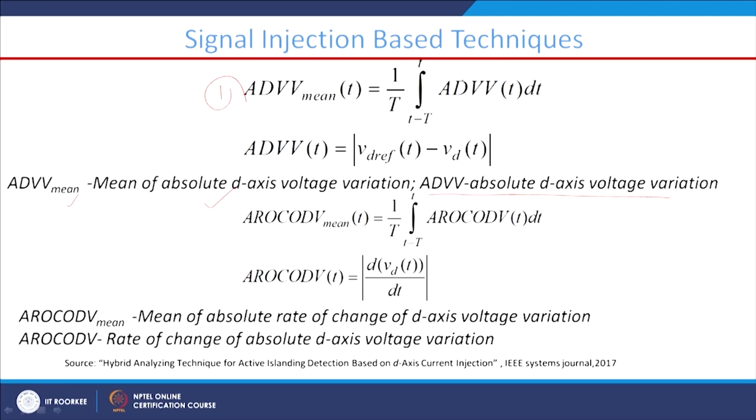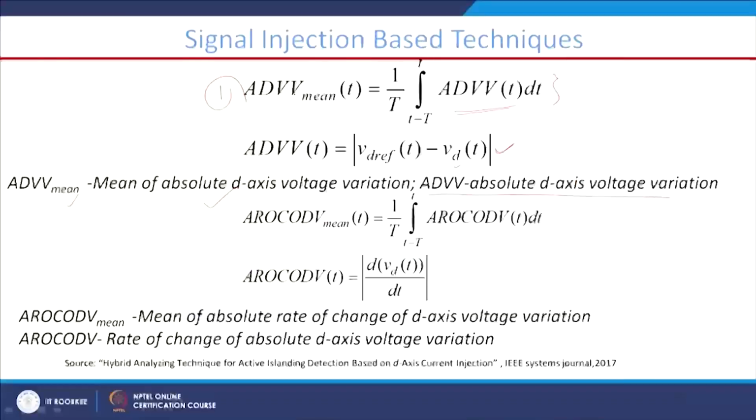Here you could see that by taking a single period, 1 upon T, integrated over T, we have calculated the mean of this particular voltage. What is that voltage? This is the difference of these two voltages, VD reference and the VD actual value. If you take the difference between these two and then take the mean of this voltage, then you will get this ADVV mean. This is one index which will be used to detect the islanding situation.